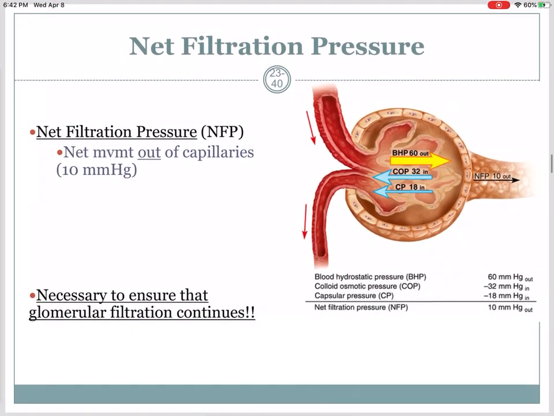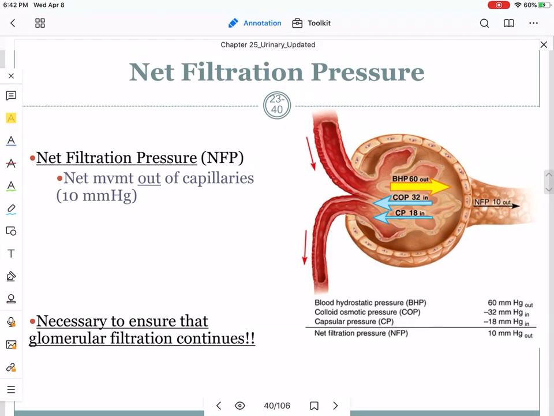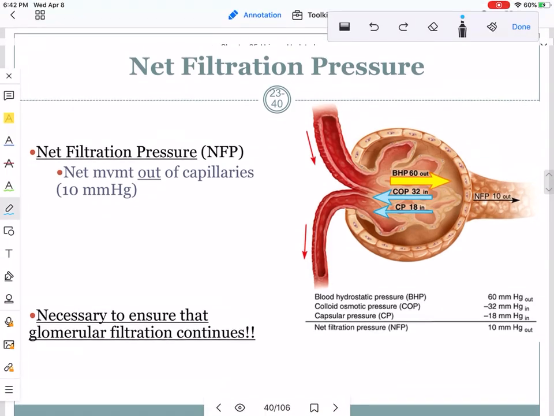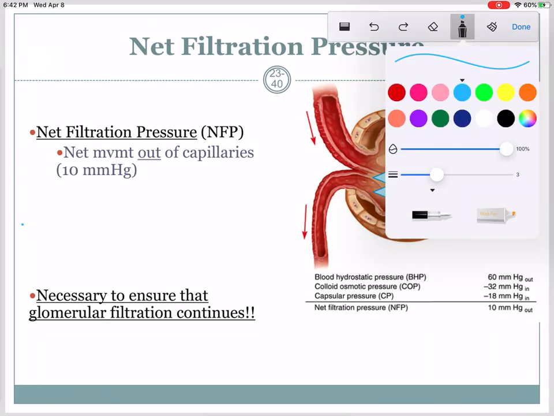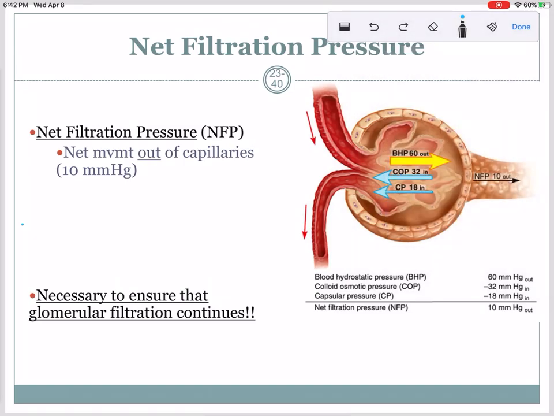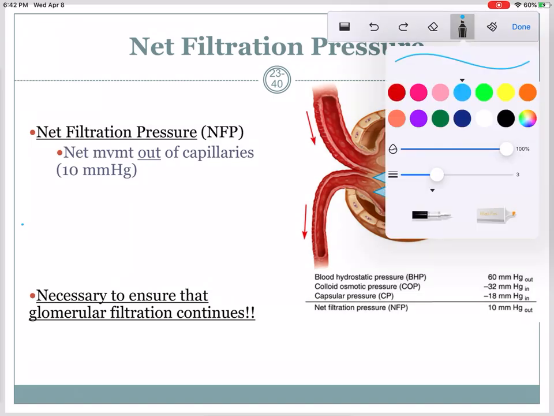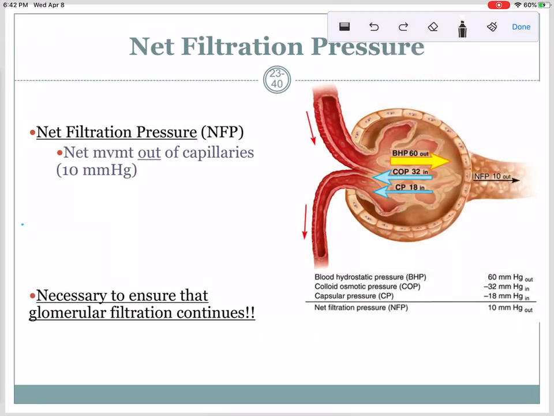What I want to talk about is the net. So what is the net? Here we go, still learning. We'll use white, I suppose.